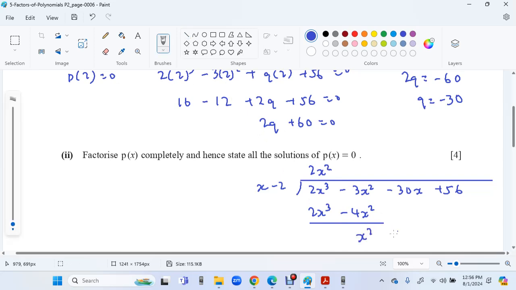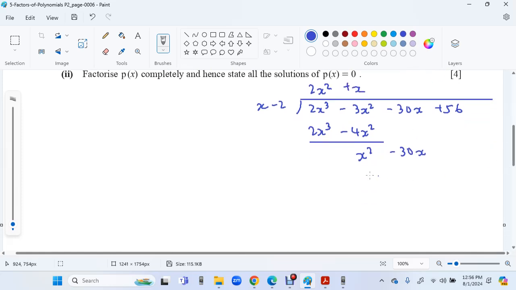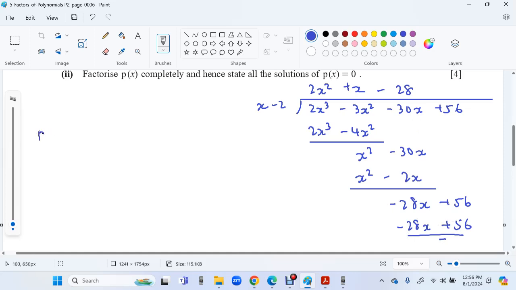Then it is x squared minus 30x. So plus x, then we have x squared minus 2x. Then it will become negative 28x plus 56. So minus 28, so negative 28x plus 56. So P(x) is x minus 2, 2x squared plus x minus 28.